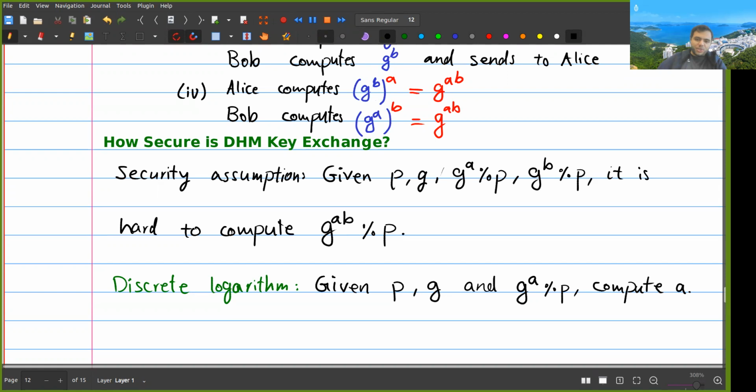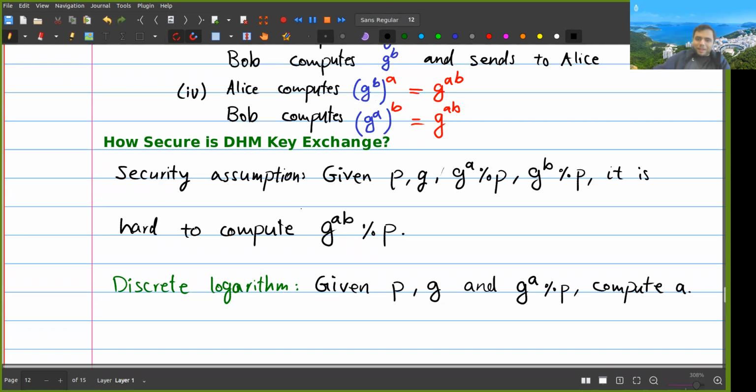People have been working on this for many, many years, and there are no good algorithms for it. So there are no algorithms that are polynomial in the number of digits of P and G. You can, of course, have an algorithm that is linear time in P, but that's not good enough because P is large. So it's widely believed that discrete logarithm is a hard problem. And it's also widely believed that this problem is a hard problem.